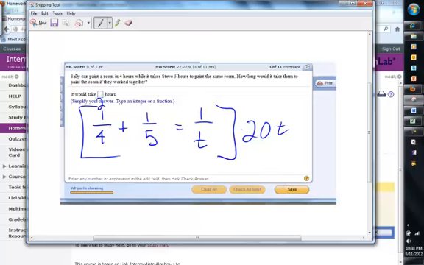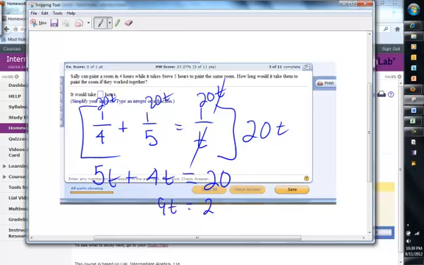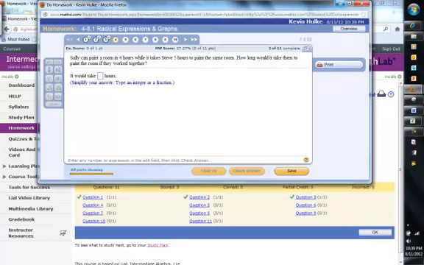So we have 20t here, 20t here, 20t here. 20 over 4 is 5t. 20 over 5 is 4t, and the t's cancel, so you get 20. 5t and 4t is 9t is 20, so our answer is 20 over 9 hours.